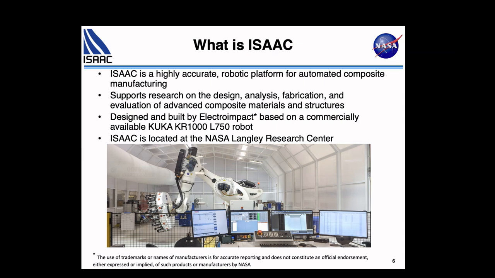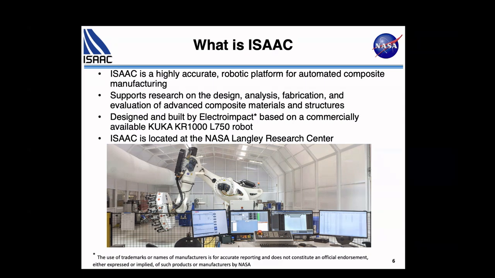Electroimpact built our robot. They also build robots that build the 787. And so we have a direct connection to a manufacturer of real aircraft structure, which helps us understand the real issues and the real problems.